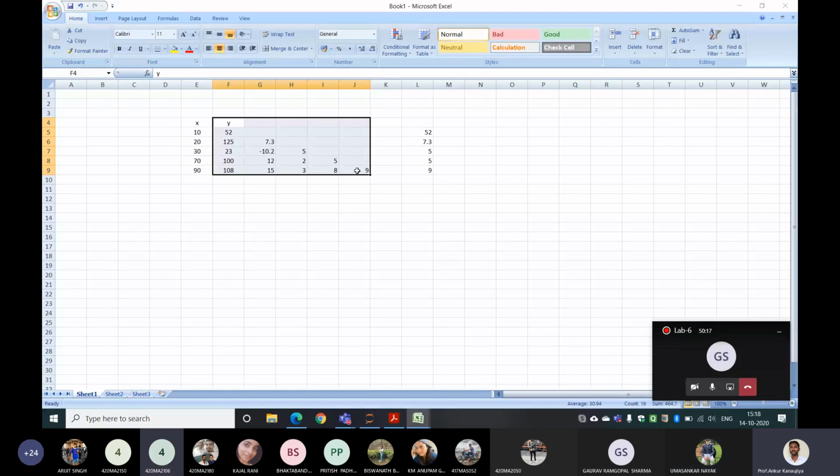Suppose you have 100 data points, then the size of this matrix will be 100 cross 100, which means a total of 10,000 entries. But out of 10,000, how many entries are required?